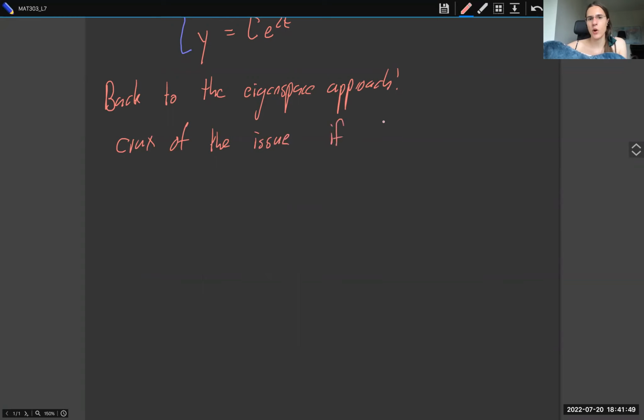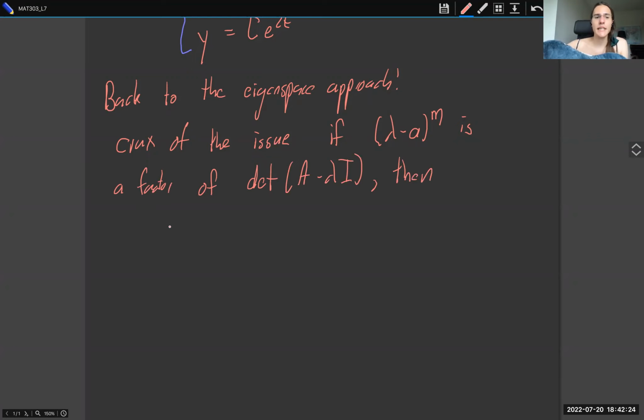If lambda minus a to the power of, let's say, m is a factor of the characteristic polynomial, then we consider the kernel of a minus lambda I, and let's consider the dimension of the kernel.